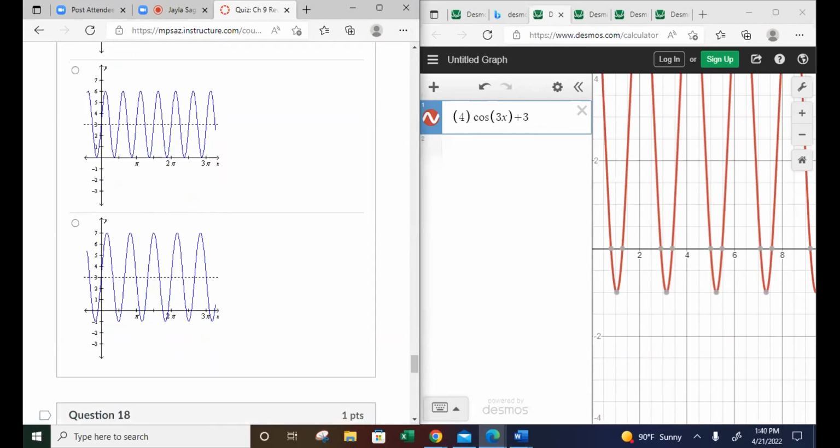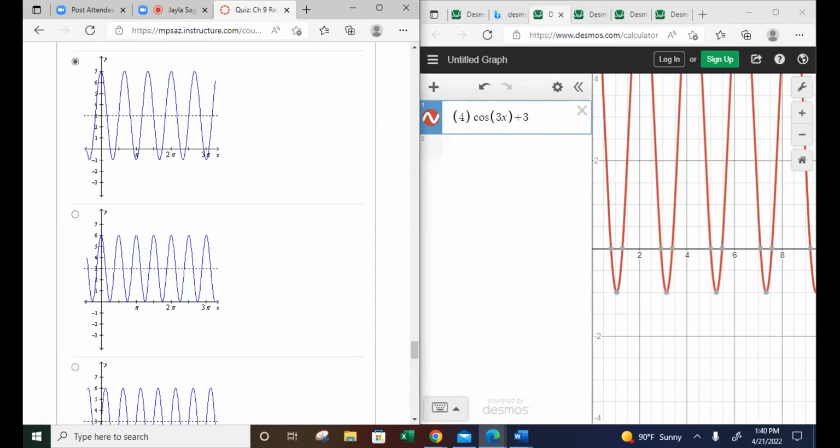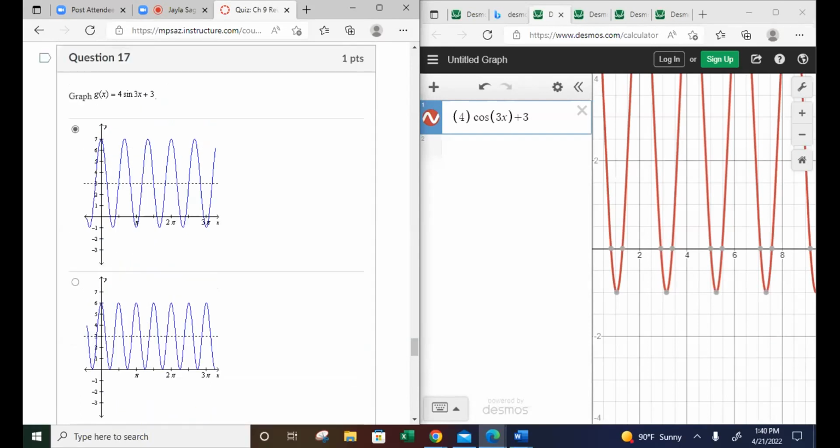So you may have to change your window 0 to, well, it's 3 pi again. That's okay. And you get to 1. I mean A. Okay.